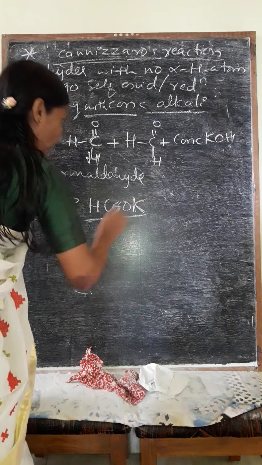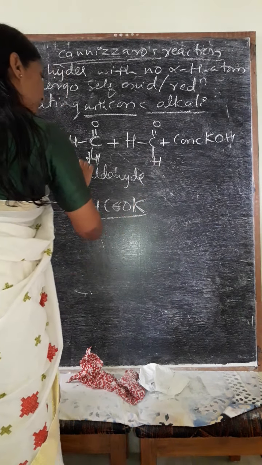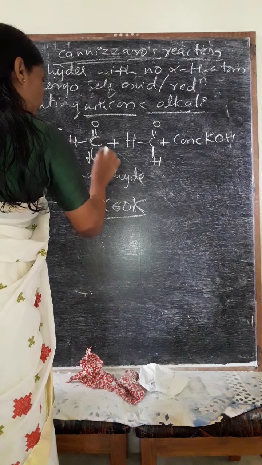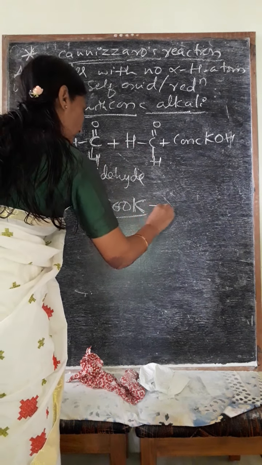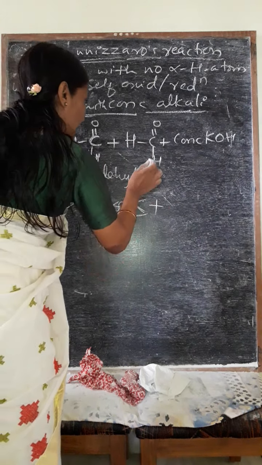The other aldehyde molecule is reduced, and formaldehyde is reduced to alcohol. The alcohol formed is CH3OH. Hence the products formed are the salt of a carboxylic acid and an alcohol. That reaction is called the Cannizzaro reaction.